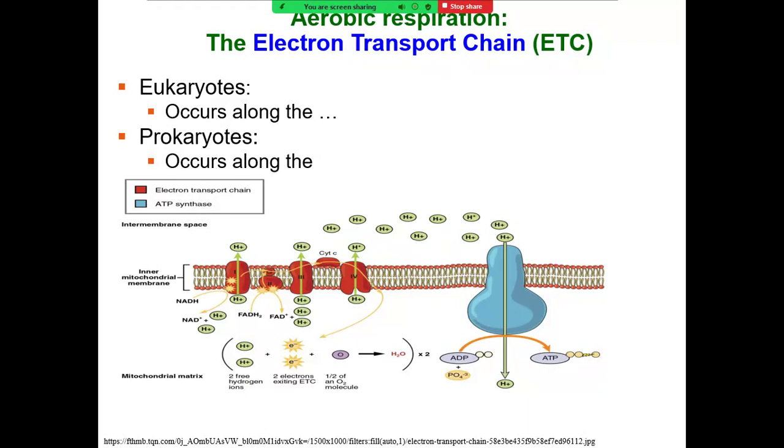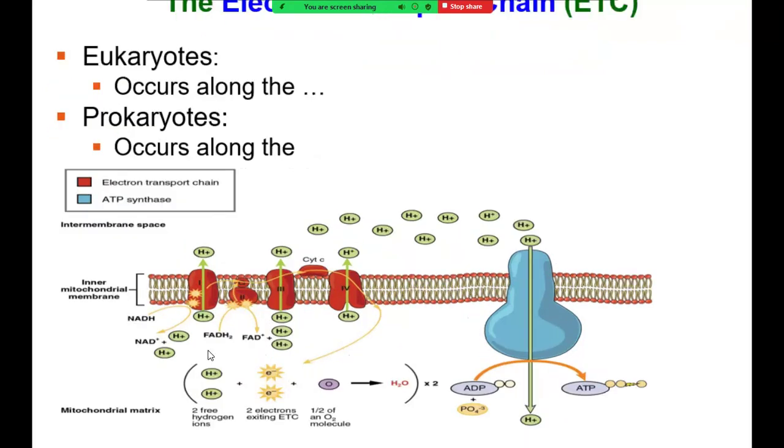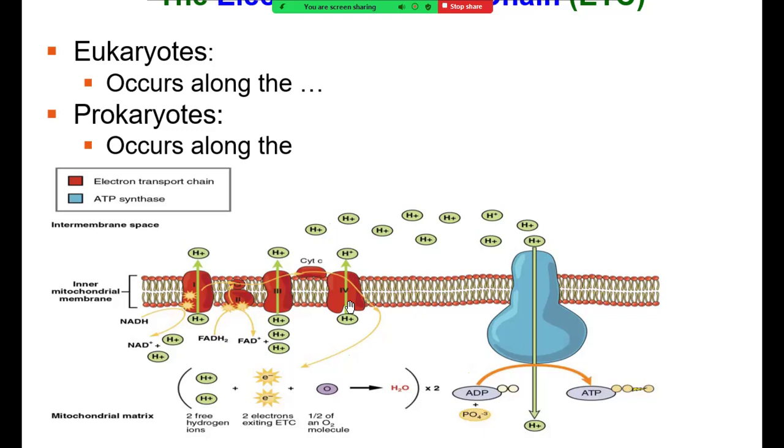And that's why it's called aerobic respiration, because the final electron acceptor is oxygen. The electrons leave this molecule and transfer two electrons, and oxygen plus two electrons and plus two hydrogen ions form water.